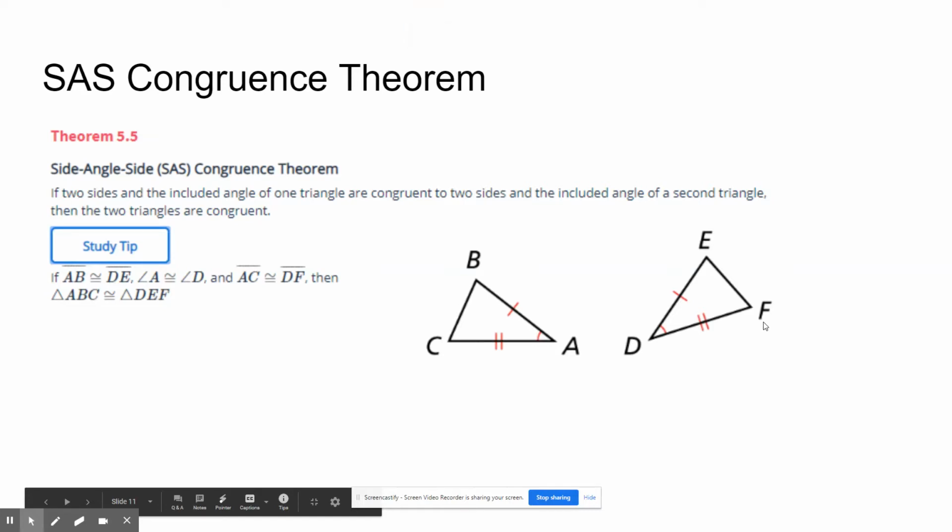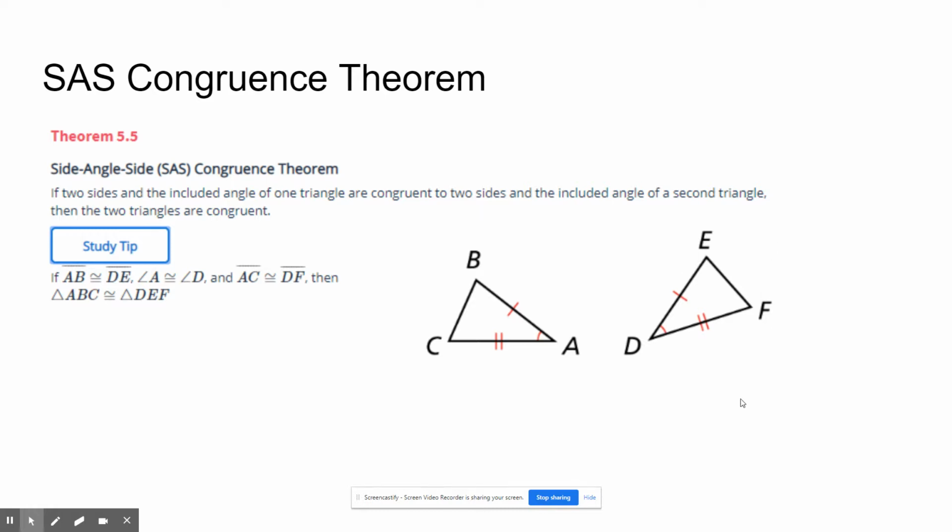In this video, we're going to be proving that triangles are congruent using the side angle side congruence theorem. So remember what this theorem states is if you want to prove two triangles are congruent, you don't have to necessarily know that all of the corresponding angles and all of the corresponding sides are congruent.